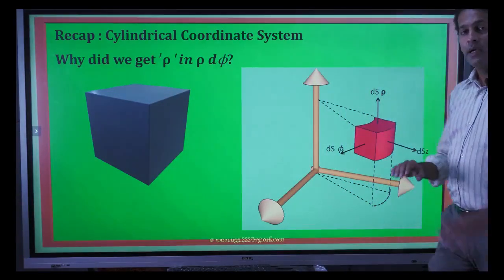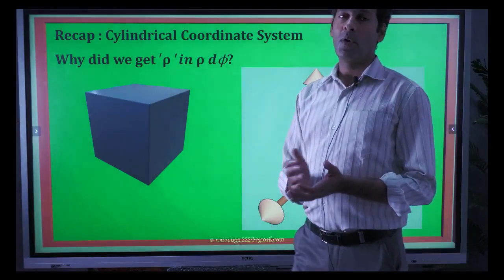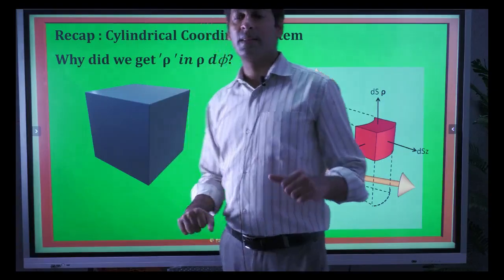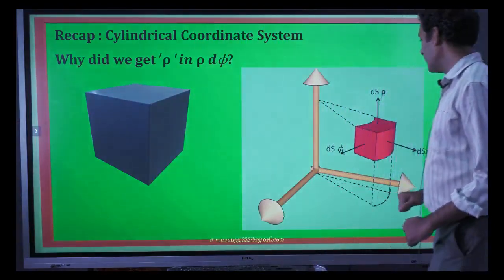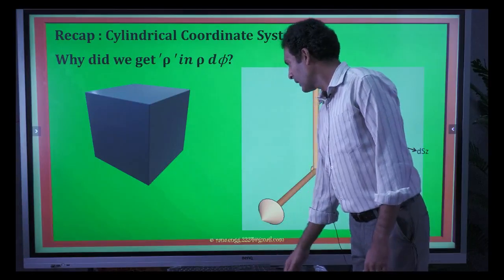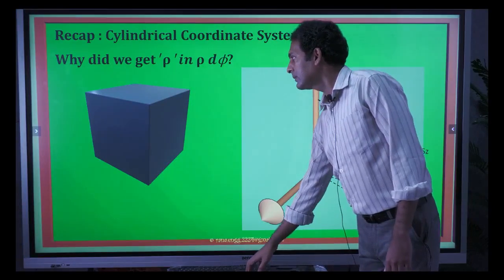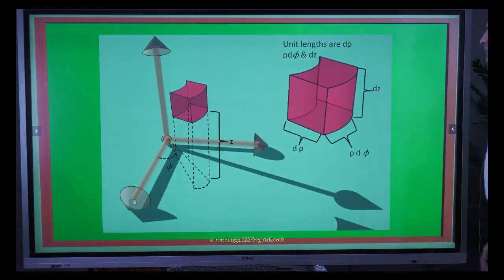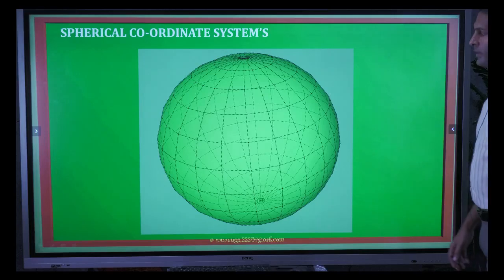In spherical, it will be circular from all directions, so we will get two curves. There won't be any flat surface in the spherical coordinate system, so we will get two additional angles. Let us discuss them. So this is the differential element for the cylindrical coordinate system.